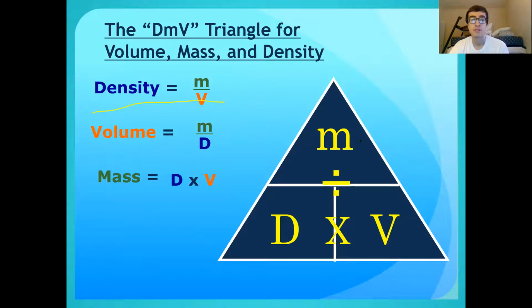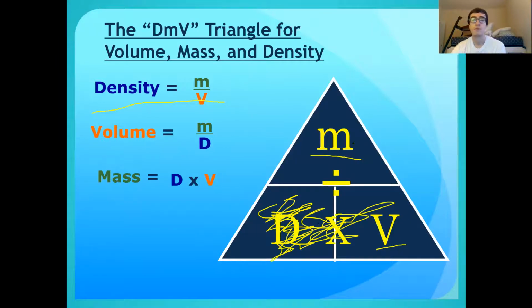So we have mass on the top of the triangle here and volume on the bottom of the triangle. So if we're trying to find density, then we could cover up density, and we would see that we need to do mass divided by volume in order to figure out what our density is.